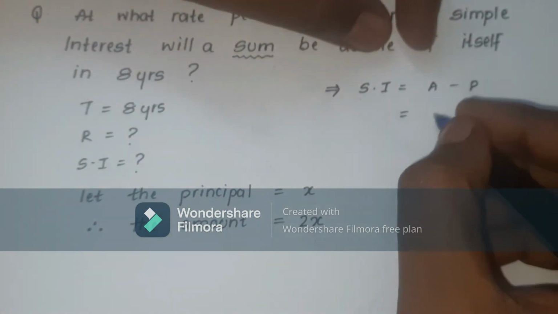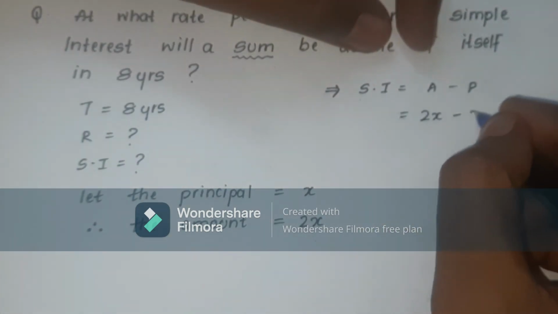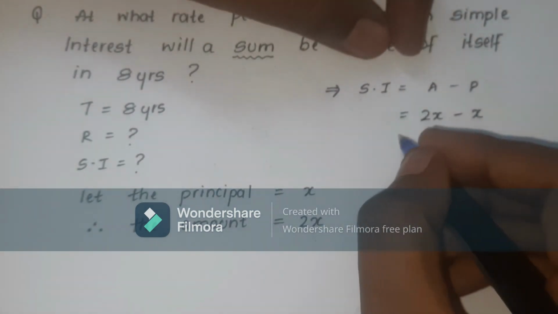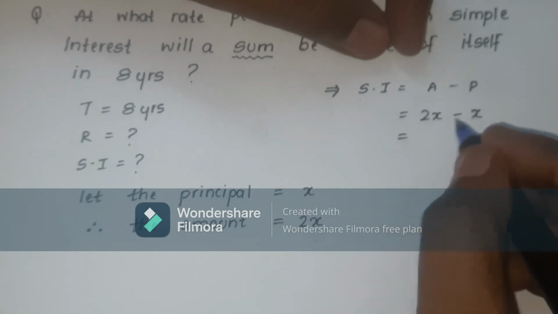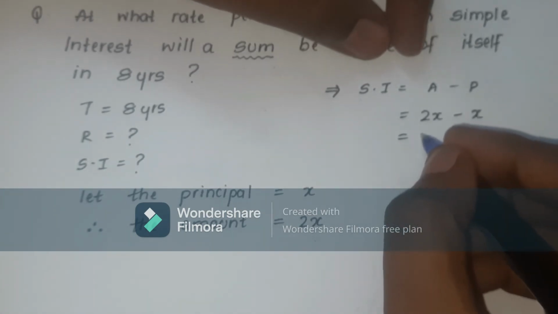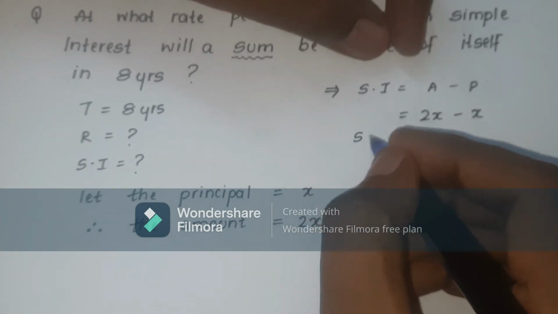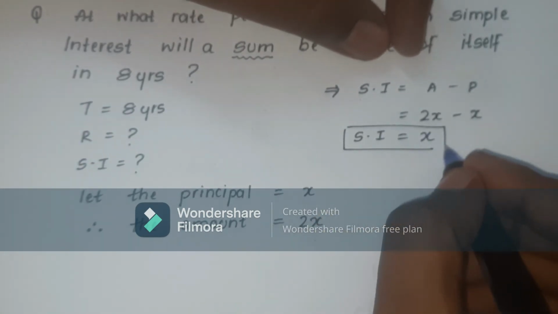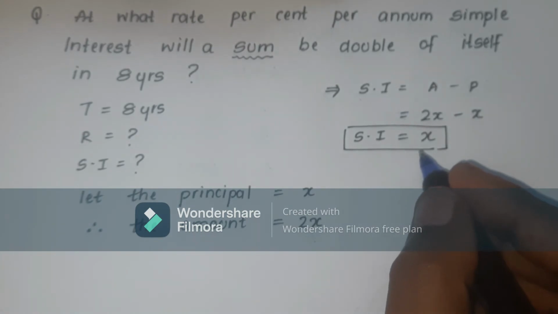So what is my amount? 2x, student. What is the principal? x, which is obviously the assumed value. So both are like terms. So 2x minus x gives you obviously x, student. So my simple interest is also x.